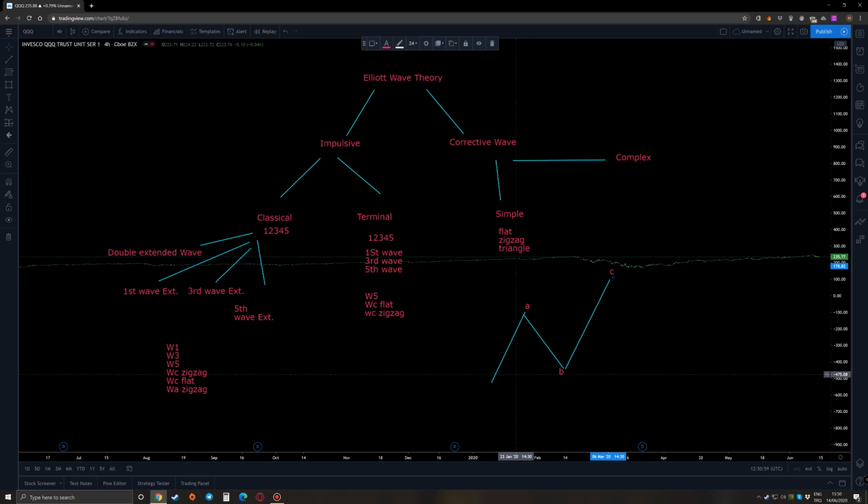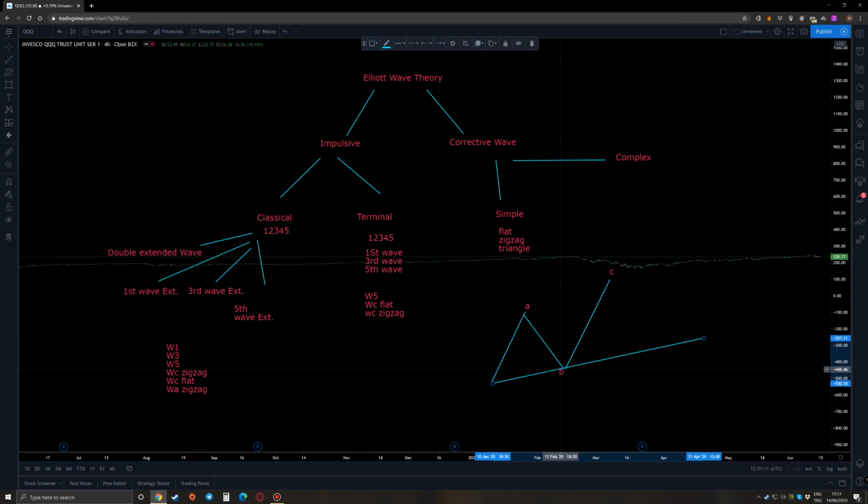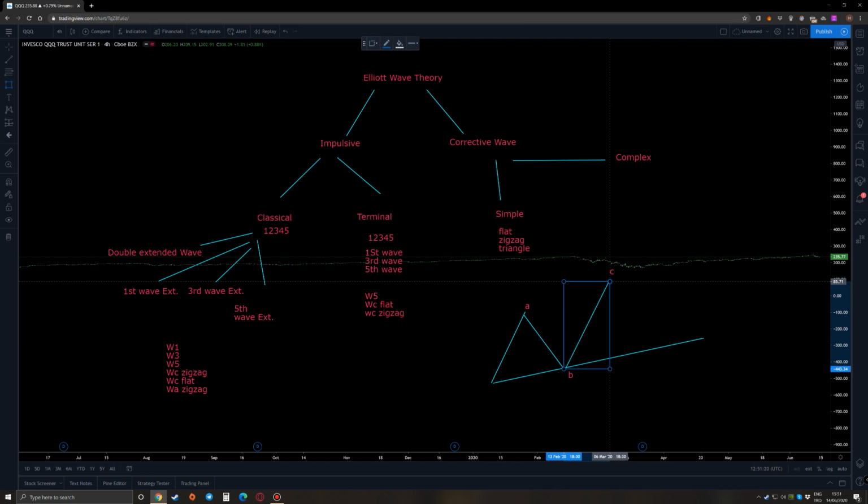So how do I understand, am I in a simple correction or a complex correction? What I do is fairly simple. I take a 0 to B trend line, okay? I just connect a trend line from the 0 point to the B point. And I look at how much time this wave C actually took. Time, not price, time. And I put it on the right side.